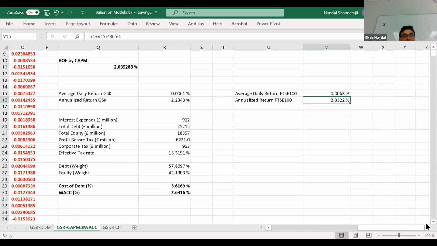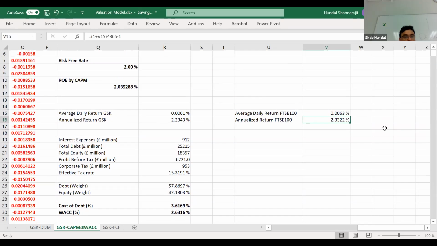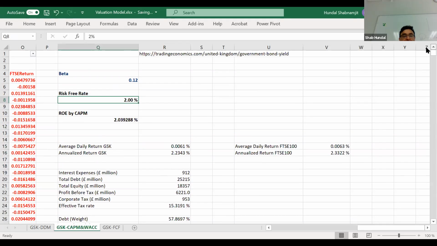And then I get some more data. The risk-free rate on an average has been 2% in Britain, and I got this data from tradingeconomics.com, a very reliable source. I double-checked it with the Bank of England's website also.